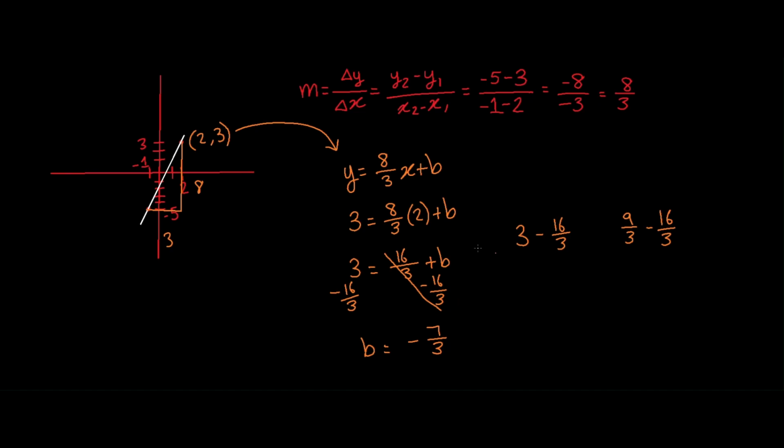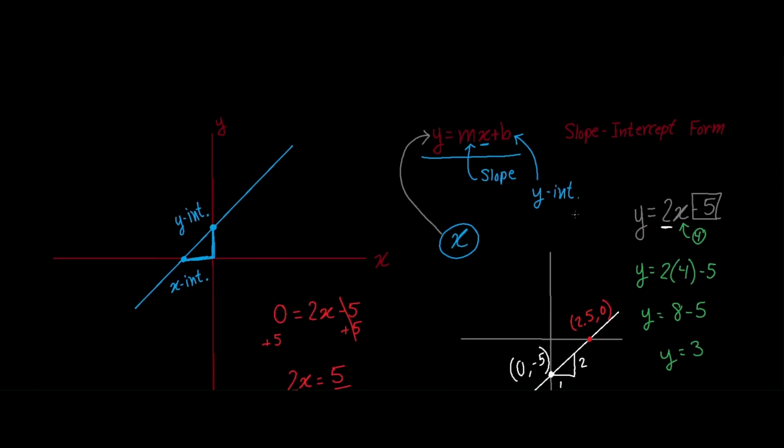So our final equation, if we substitute b back up here, we would get the equation y is equal to 8/3 x minus 7/3. And that's how you find the equation of a line through 2 points. We'll review the other forms of the formula of a line in the next videos.